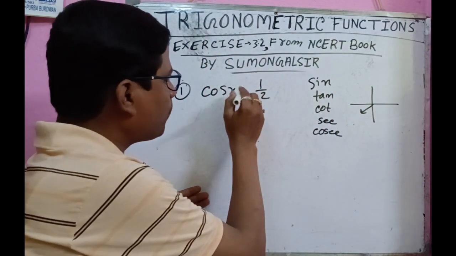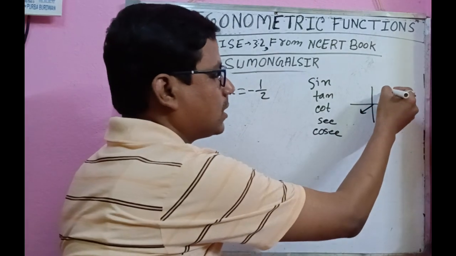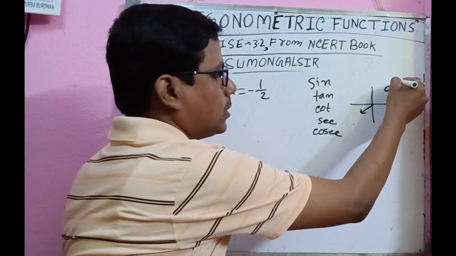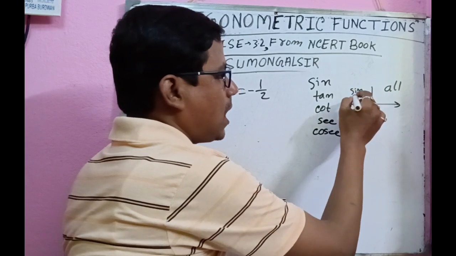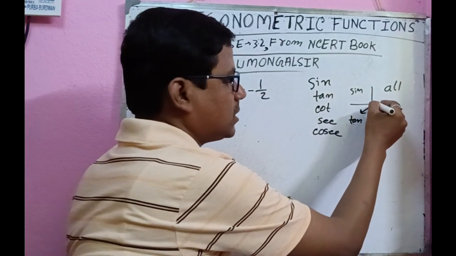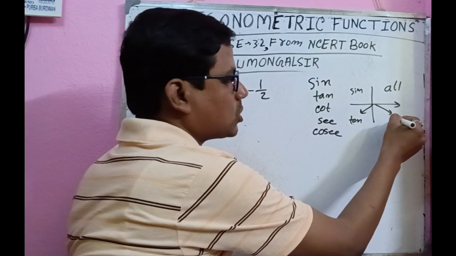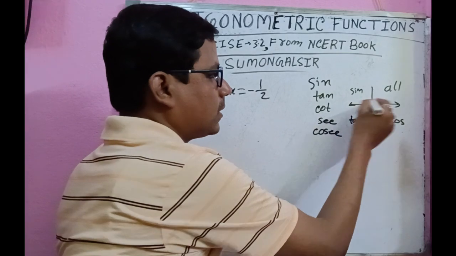So this will be minus, because we know that in this quadrant diagram, all are plus in the first, sin as well as cosec are plus in the second, tan is plus in the third, and cos as well as sec in the fourth.